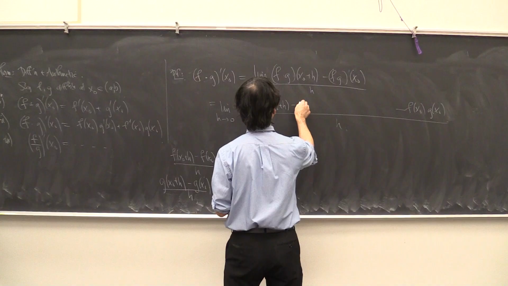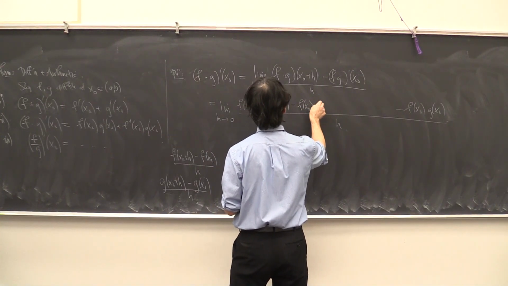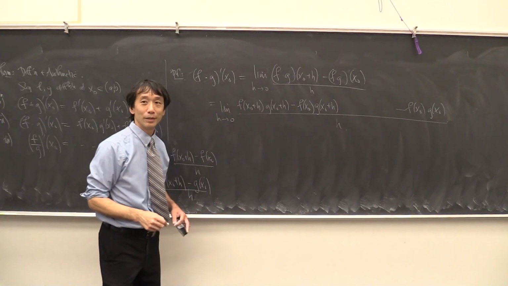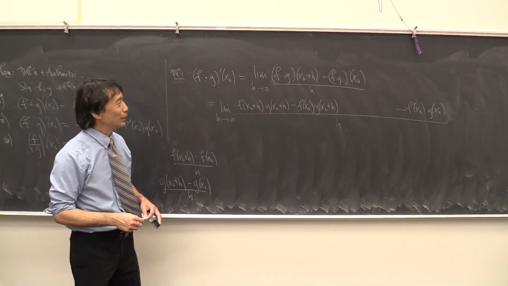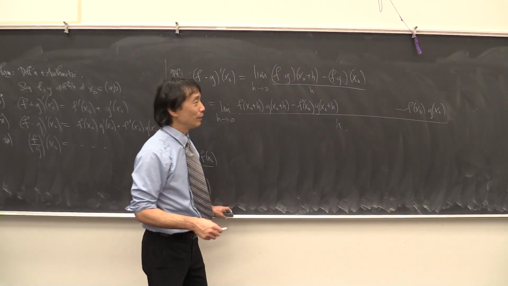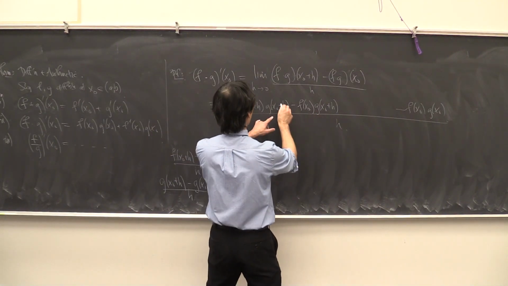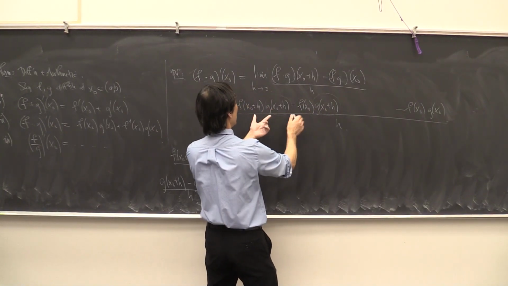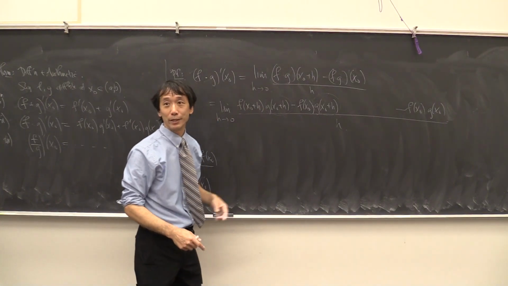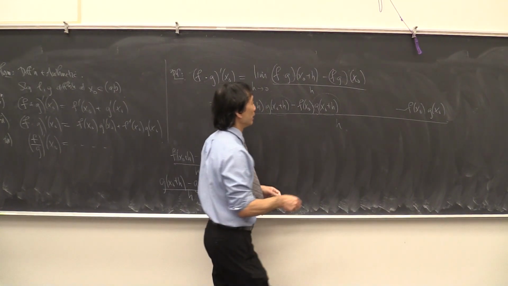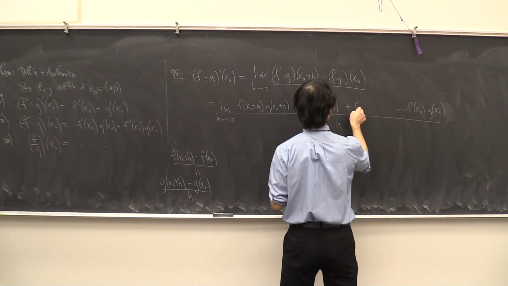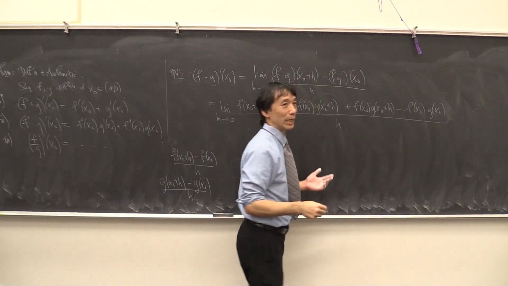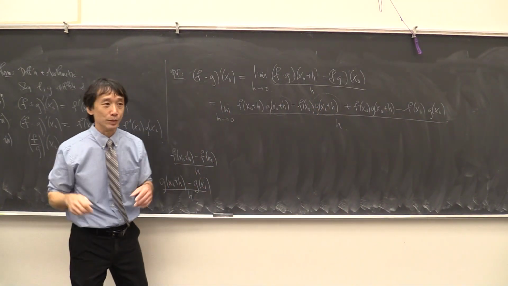I'm going to subtract off f of x naught times g of x naught plus h. Do you guys see why I did that? Because then I can distribute out this thing, and I'm going to have the term that I like. And as usual, I cannot just subtract something for the heck of it. I have to add it back in. So this is my cleverly chosen 0.